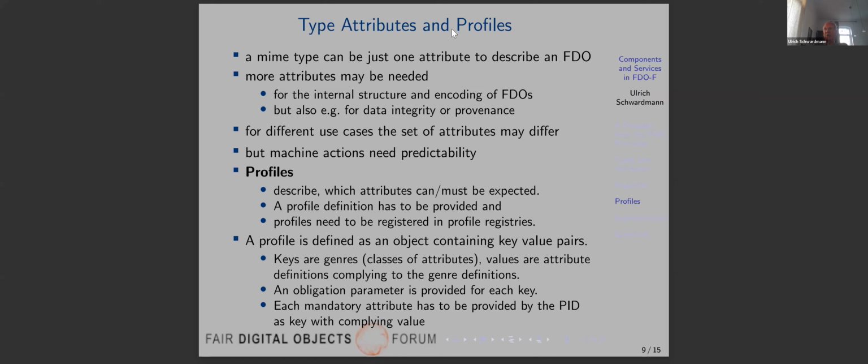The reason for this is essentially that these digital objects usually are in the pattern different over the communities, over the use cases, and so on. So one can expect that there is a need for different sets of attributes, and this has to be disclosed to the machine such that it can be understood what information will be available for a certain digital object.